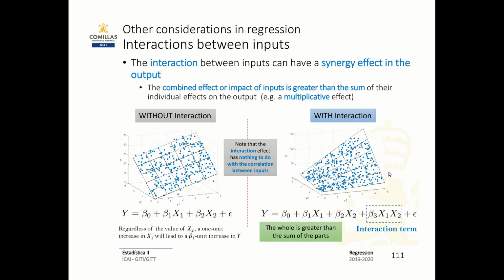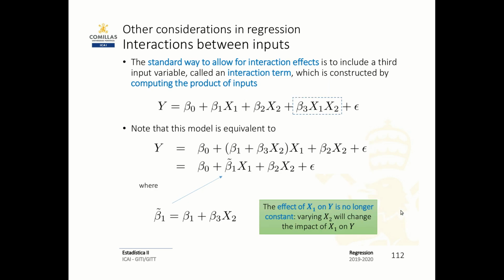Actually, we can think of x1 times x2 as part of the Taylor expansion of the function. In the Taylor expansion, we would have all these multiplicative terms of mixed variables.